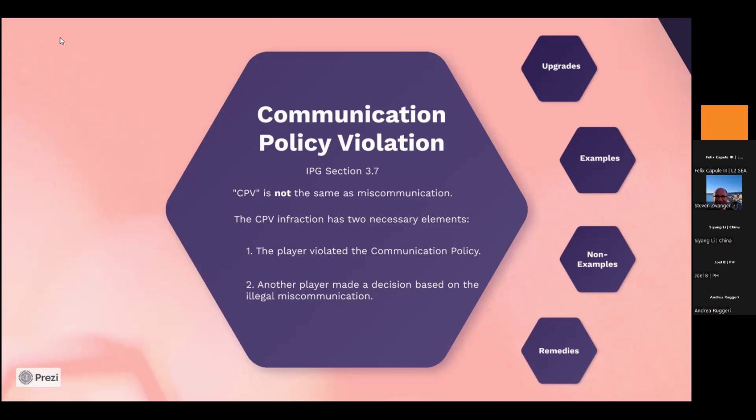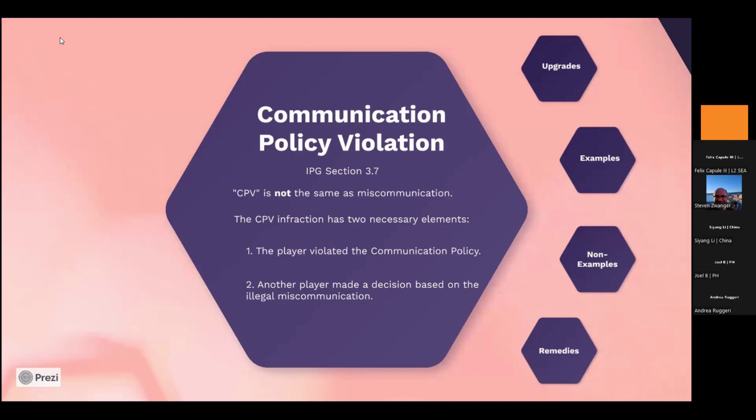But it's only a CPV if the player violates the communication policy and another player made a decision based on that miscommunication, that violation of the communication policy. If nobody made a decision based on the wrong statement, then there's no CPV.